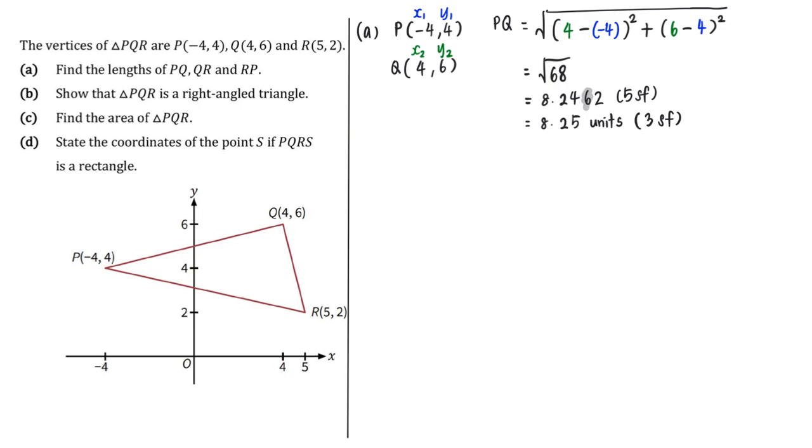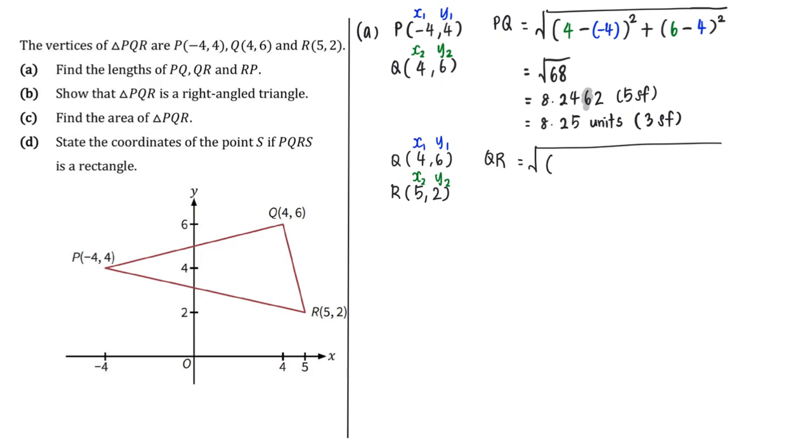Let's move on to QR. With QR, again I label Q and R, I like to do this so that I will not make careless mistakes. So this is what I would do, so that when I find my QR, I will be very clear.